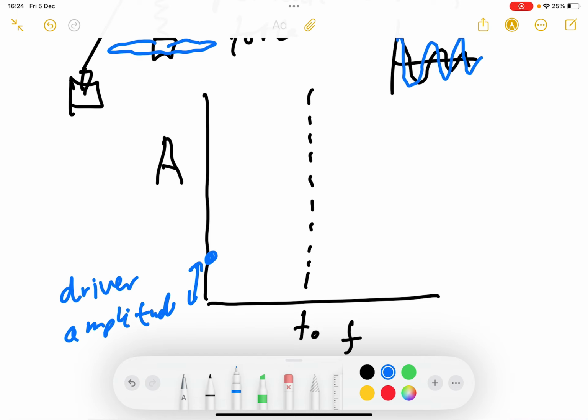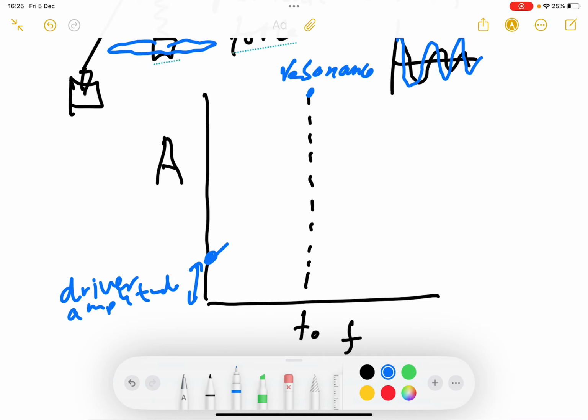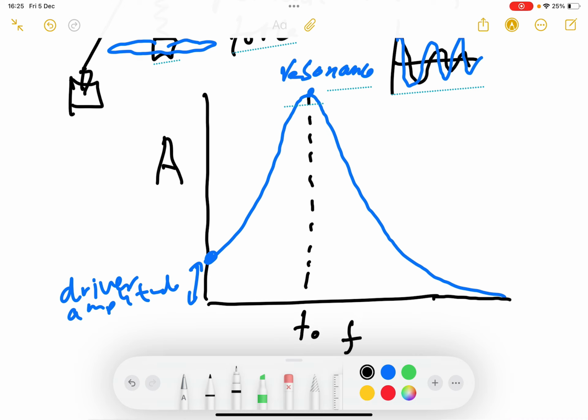And then when we hit the natural frequency, we get large oscillations, and this would be resonance. So when the natural frequency equals the driving frequency, we get large catastrophic oscillations. And then as we go to higher and higher frequencies, it really does come down pretty much to zero.